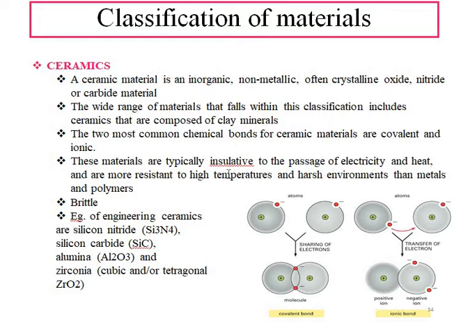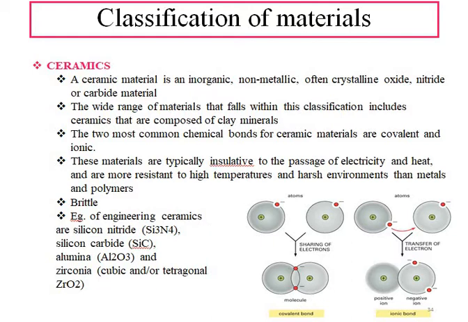The two most common chemical bonds for ceramic materials are covalent and ionic. In a few ceramics we will see covalent bonds, and in a few we will see ionic bonds. I explained the nature of covalent, ionic, and metallic bonds through this classification itself.